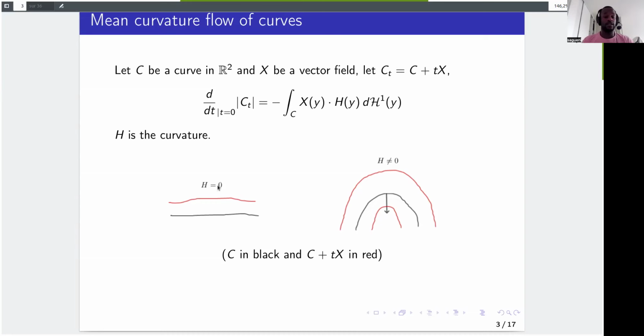If I take something flat, like a line segment, and I perturb it, this is the resulting curve in red. If I take the difference of the length, the difference is 0.